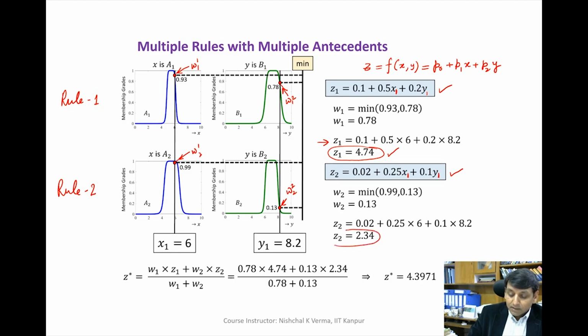You can see here. And how do we get this? We already have Z2 equal to 0.02 plus 0.25 x1 plus 0.1 y1.